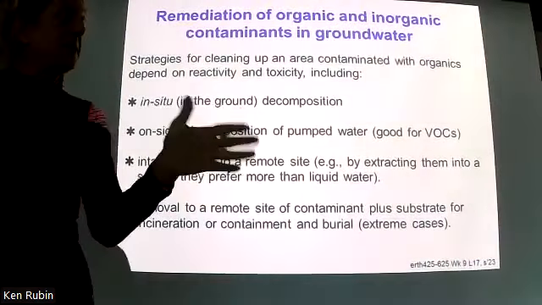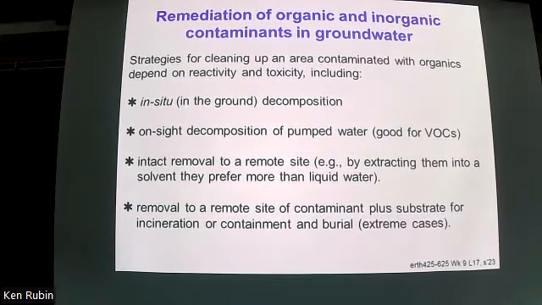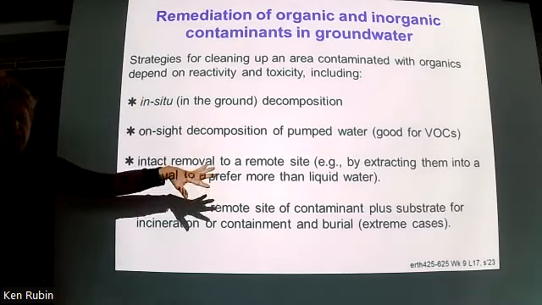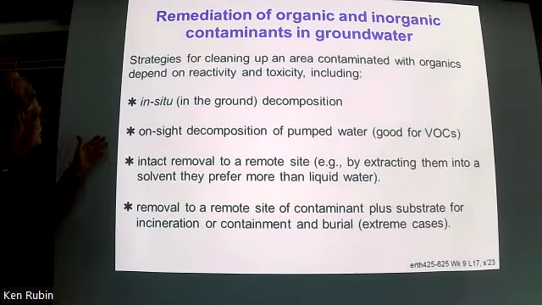Okay, so that's that. Now let's talk about remediation in general for the rest of the time today. And we want to do a couple of things. We want to talk about strategies for remediation in light of all the stuff that we've been talking about: volatility, solubility, lipophilicity, NAPL versus DNAPL, all those kinds of things. And there are different categories of decomposition or remediation.